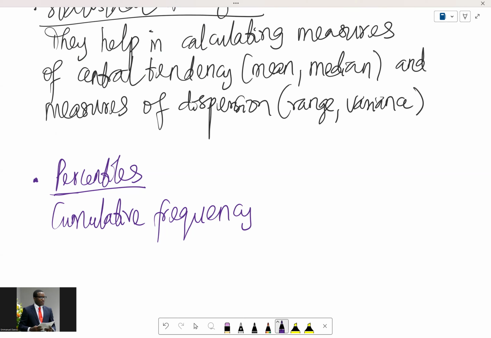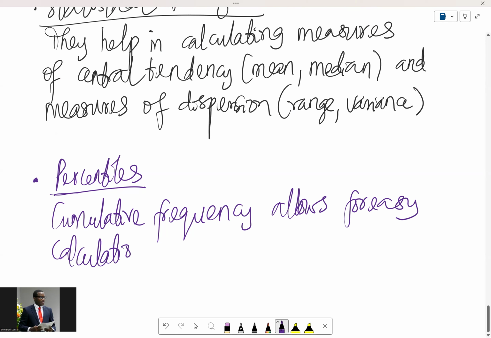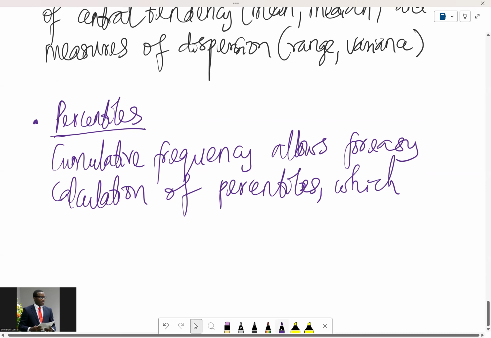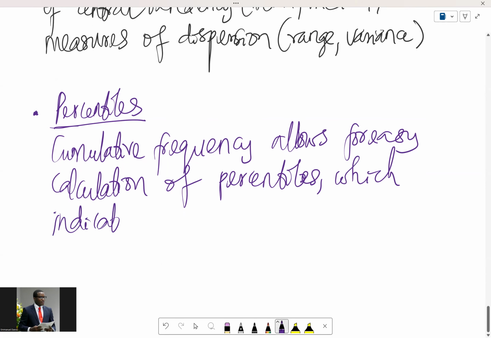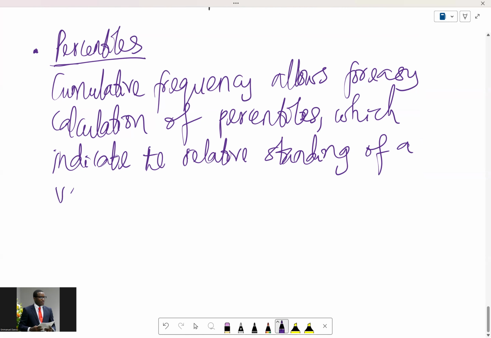So cumulative frequency allows for easy calculation of percentiles, which indicates the relative standing of a value within a data set.